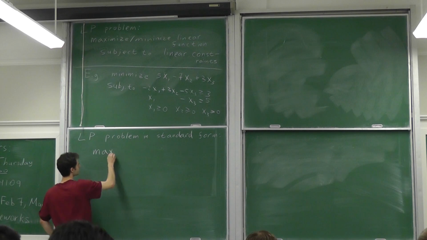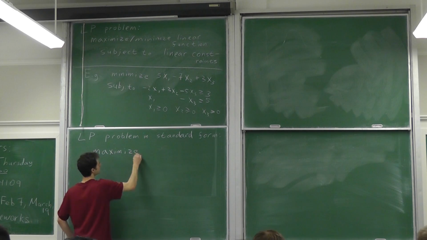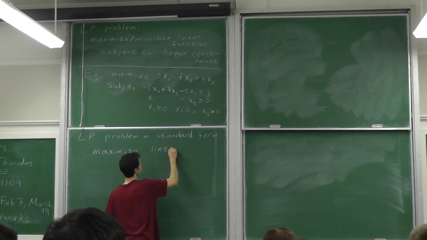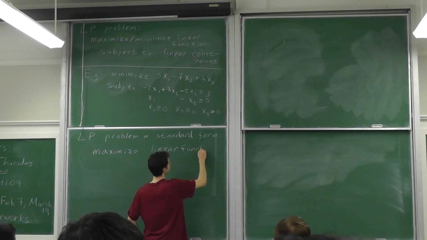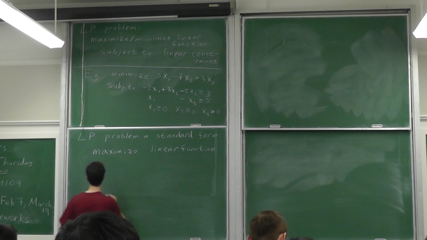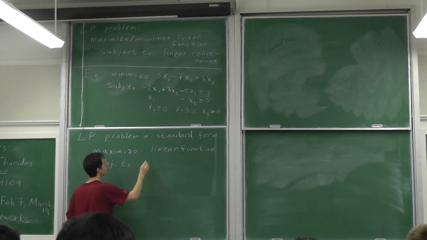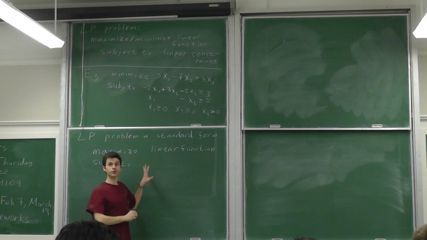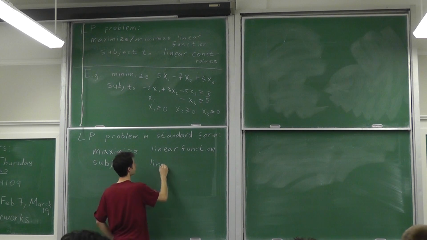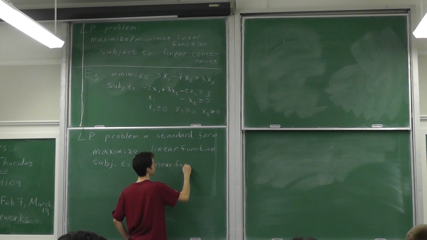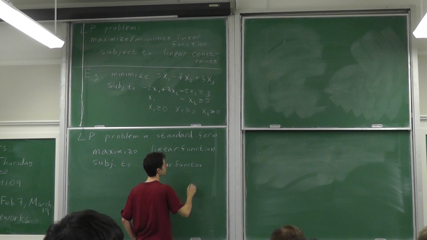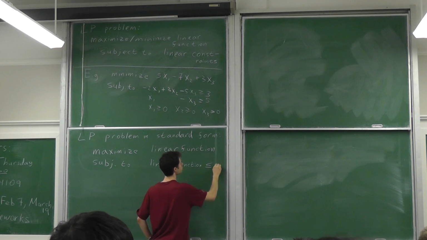It is only about maximizing, still a linear function, subject to constraints of the following form: a linear function is smaller or equal than a number.